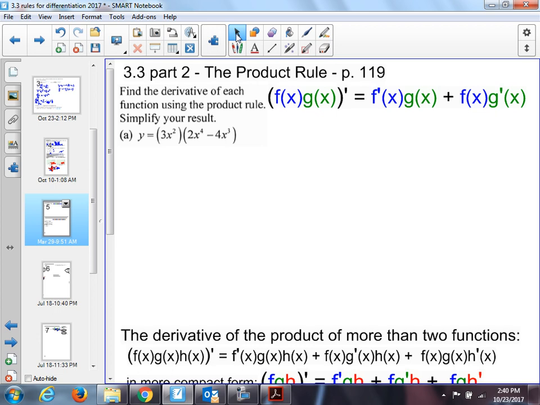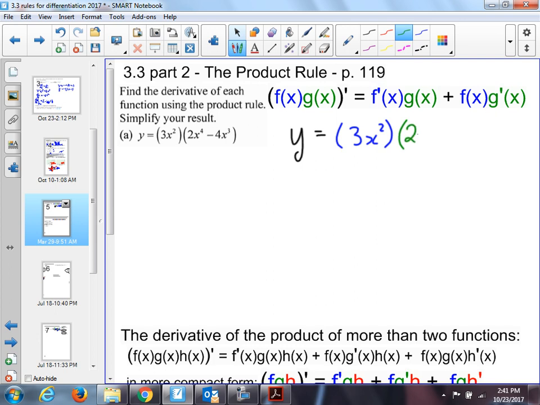Now, y equals, I'm going to color code, I got to be careful because I'm not good with colors. Blue, I'll use 3x squared. And 2x to the 4 minus 4x.